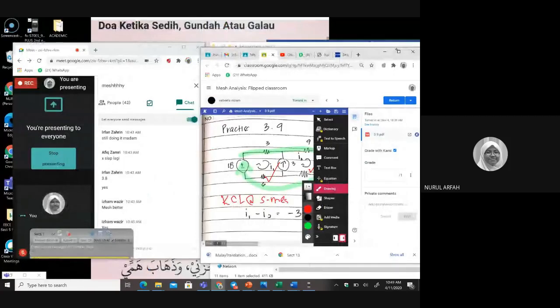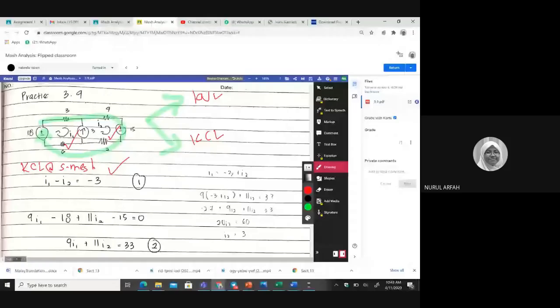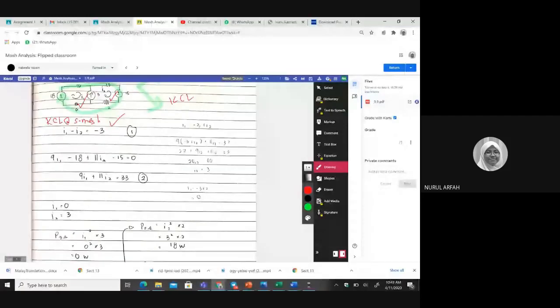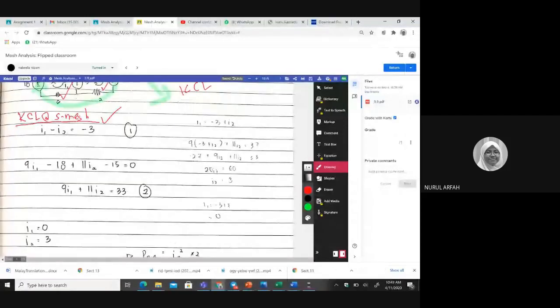Okay, and then I will look at your equation. If this one, number 1, and where's the other one? Sebab tu saya suka, I like if you write down properly what you are doing. Kalau tak, tengok ni, macam mana saya nak check.